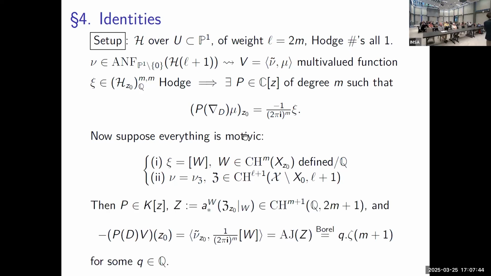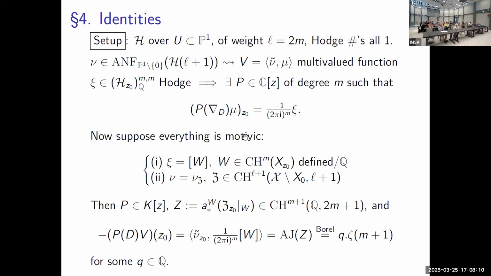Then it turns out that P will be in Q[z]. So this is one of those typos that happens. So P is in Q[z]. So what is this a_W? It's the structure map going from W to a point over Spec Q.